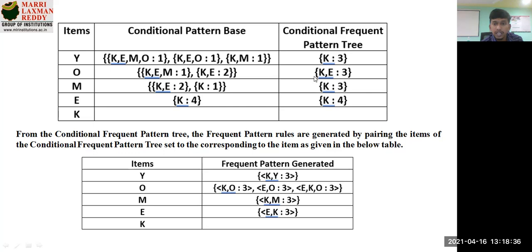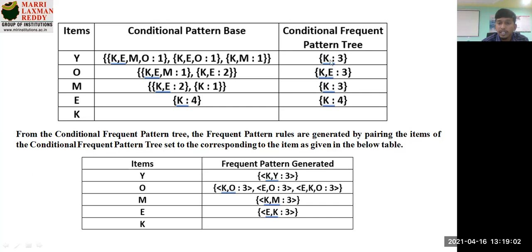That's the reason KE equal to 3 is kept in your conditional frequent pattern tree. Again, you can see here K value is equal to 2 and 1, K equal to 3 is available. But E is not considered in row 3, that is M, because E is available only 2 times. The value of E is equal to 2 there. It's not equal to 3. That's how step 7 will be completed.